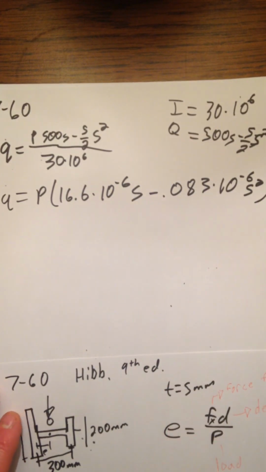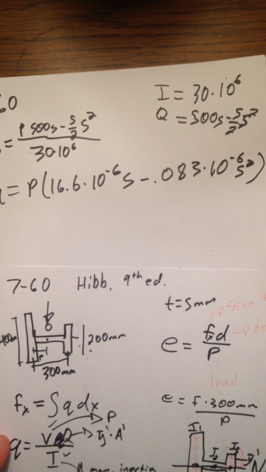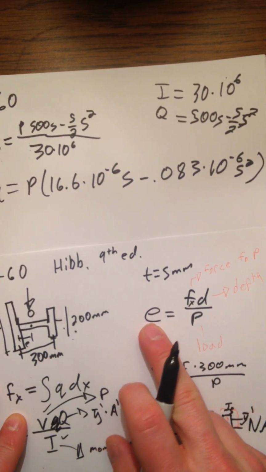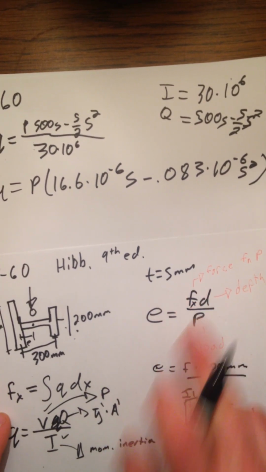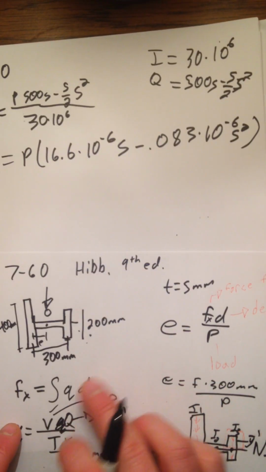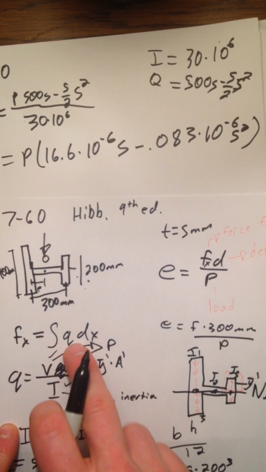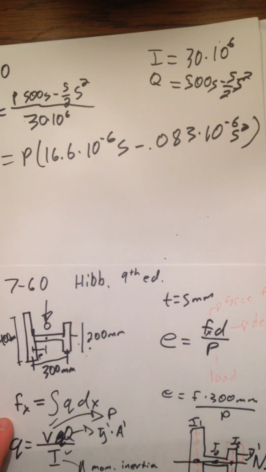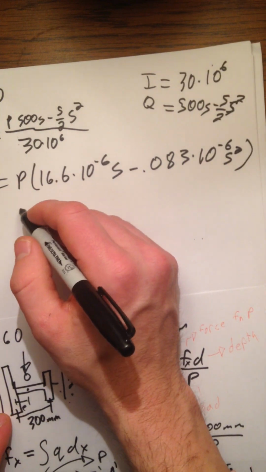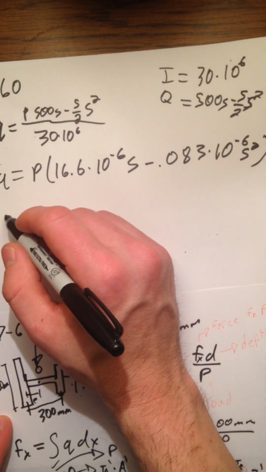Okay, so from before, remember we're trying to find this e value, and we want that fx. To get that fx, because we just got q, we need to integrate q to get fx. Not a big deal, actually.